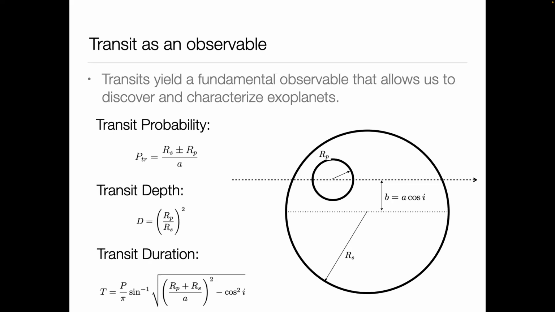And as a reminder, these transits are periodic, or at least quasi-periodic, which means you can repeat this measurement over multiple transits and measure one other very important quantity, the orbital period. So you have the orbital period, the radius of the planet, and the inclination, which are all inferable in principle from transit photometry. This forms the basis of transit exoplanet science.